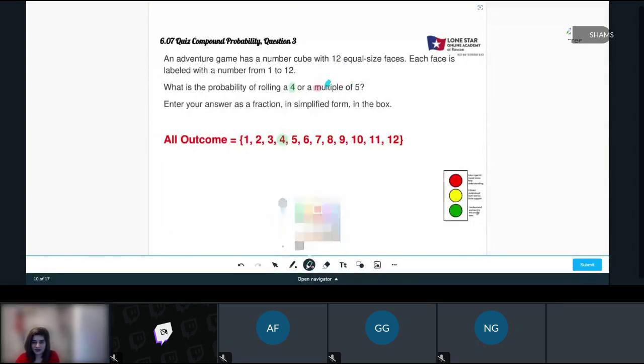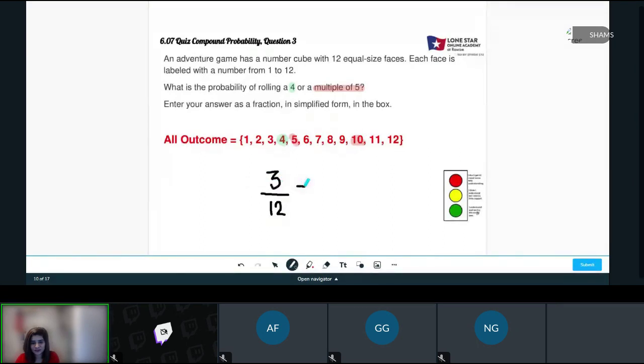or a multiple of 5? Multiples of 5 are here, 5 and 10. There are only 2 multiples of 5. So altogether, out of the 12 total outcomes, our favorable outcomes are 4, 5, and 10. There are 3 favorable outcomes.